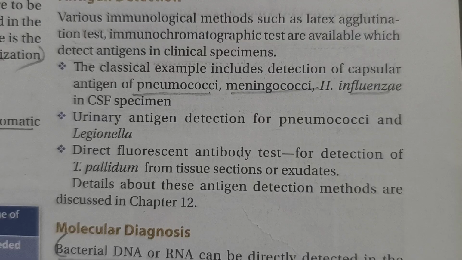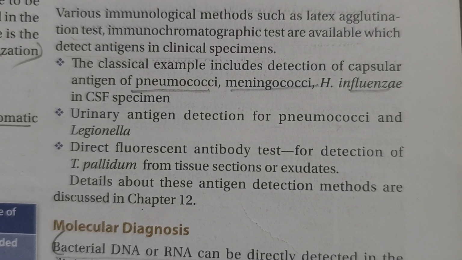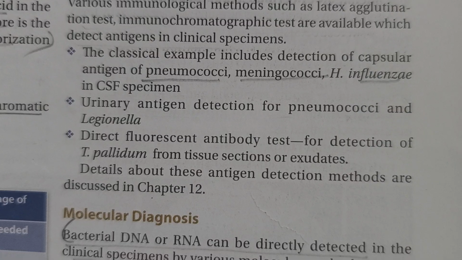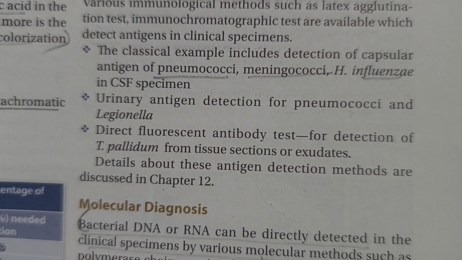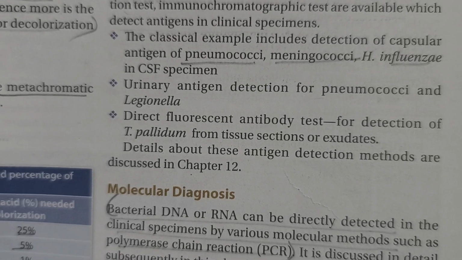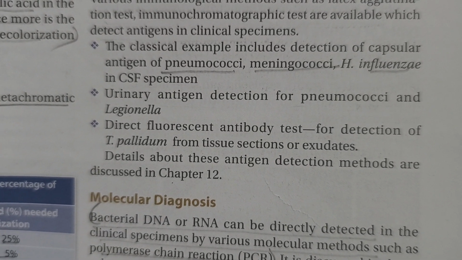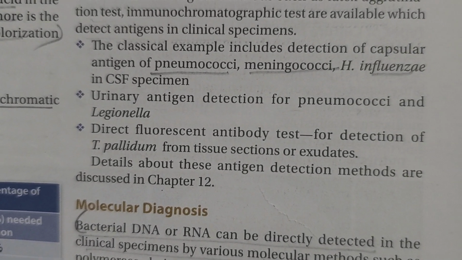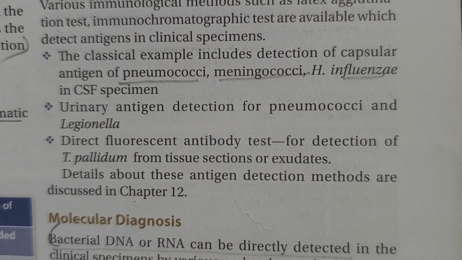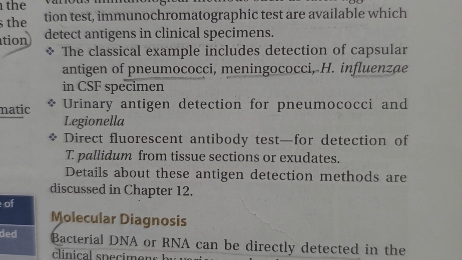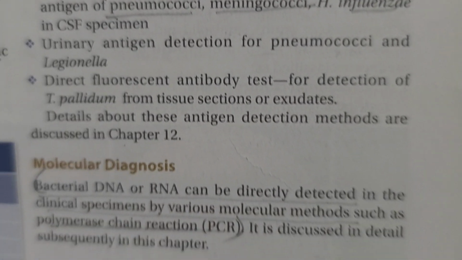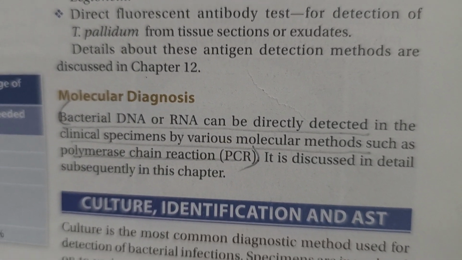Classical examples include detection of capsular antigen of pneumococci, meningococci, H. influenzae in CSF specimen, urinary antigen detection for pneumococci and Legionella, and direct fluorescent antibody detection of T. pallidum from tissue sections or exudates.